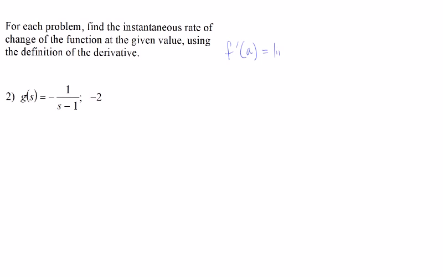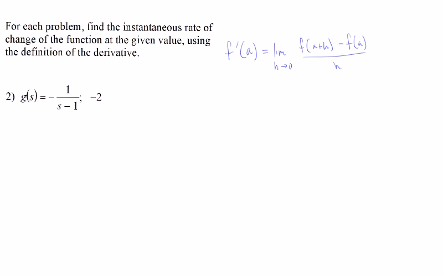equals the limit as h approaches 0, right? We're using the increment formula. And so it's going to be f of a plus h instead of x plus h, minus f of a, all over h. Okay, so it's the same thing except a instead of x, right?